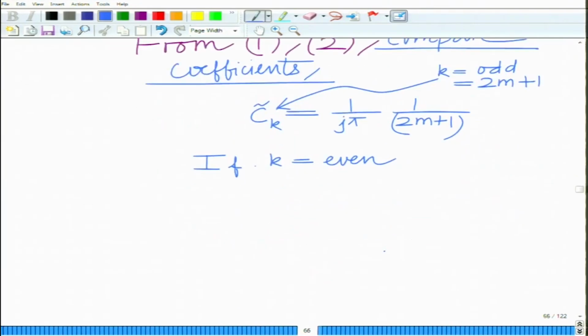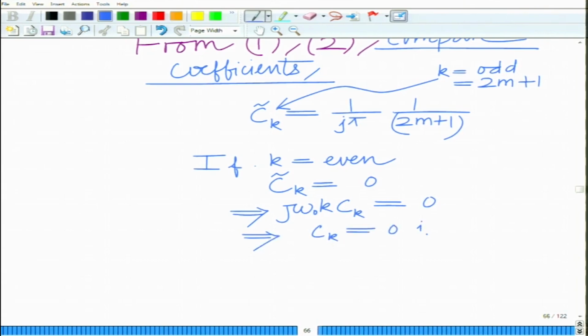So, if k is even, we have c tilde k equals 0, which implies j omega naught k c k equals 0, which implies c k equals 0 if k not equal to 0. If k is not equal to 0, it has to be the case that c k equals 0.